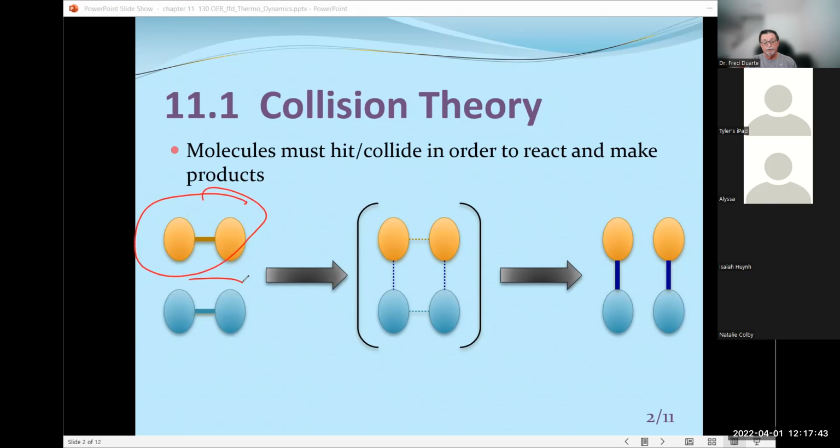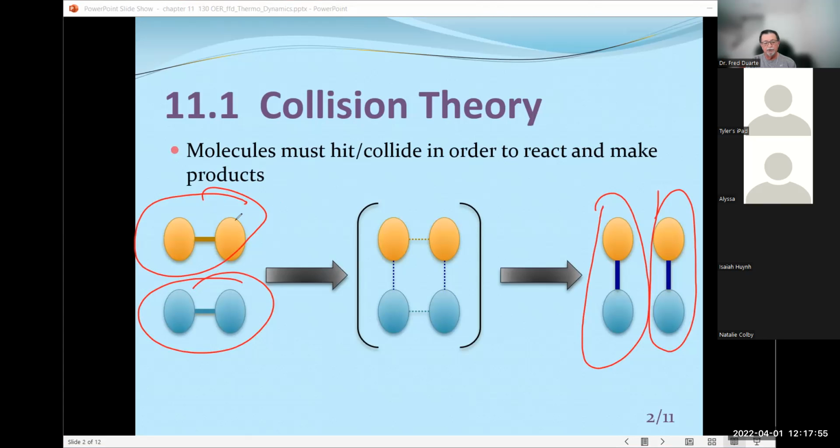Eventually we're going to make two new products of some sort, a yellow and a yellow-blue combination. We're taking two elements and creating some type of compound. But to get from point A to point B, they go through an intermediate, and we call that TS, which stands for the transition state.